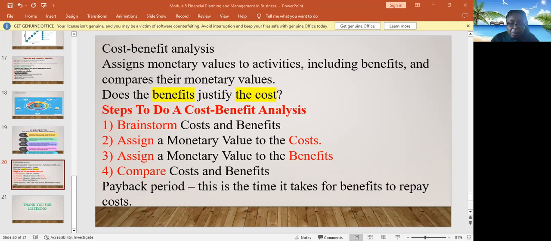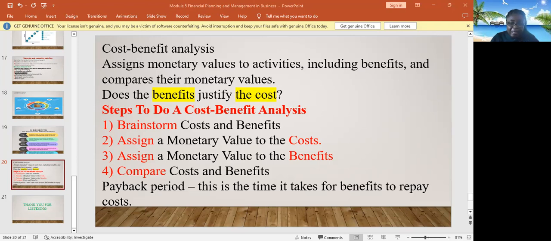Then tangible and intangible costs. These are current and future costs that are difficult to measure and quantify. Examples include a decrease in productivity level while a new process is rolled out. These are intangible costs.